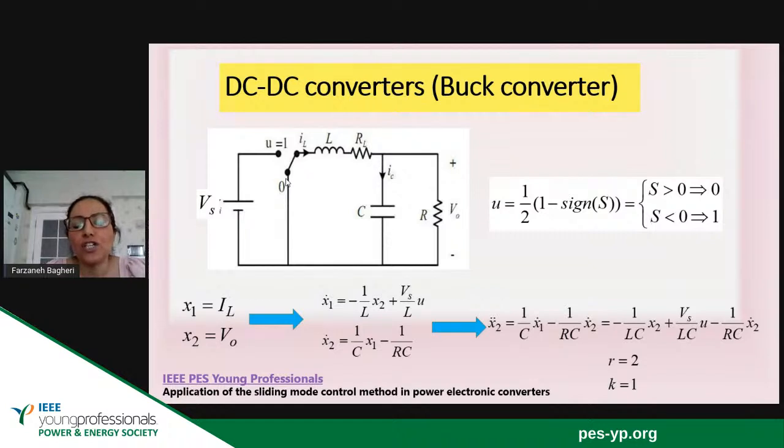If I change the sign function into this value, which is u equal to 1 over 2 times (1 minus sign of s), you can see that if s is positive or more than 0, u is equal to 0, and when s is less than 0, u is equal to 1. So if I define such a control input for my sliding function, then I can find 0 and 1.